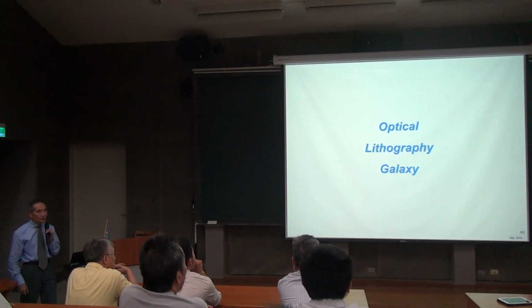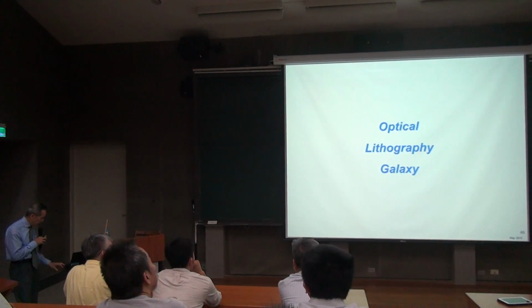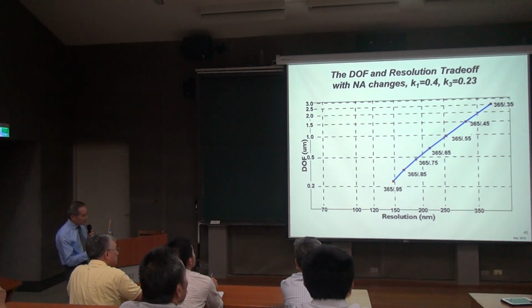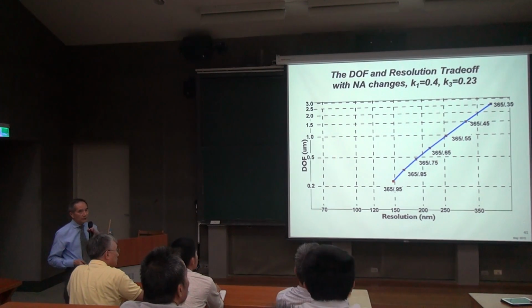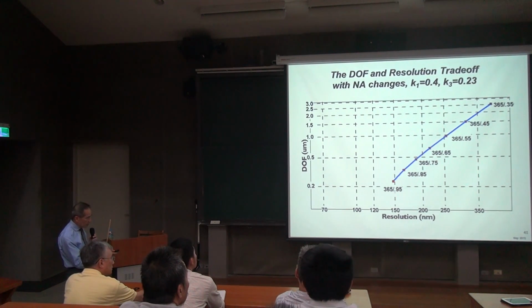So with that, I'm going to use this measure to look at the world of lithography and quantify it. First of all, I have the equation, the resolution equal to K1 multiplied by lambda over NA and so forth. We use that equation and also the equation for depth of focus.